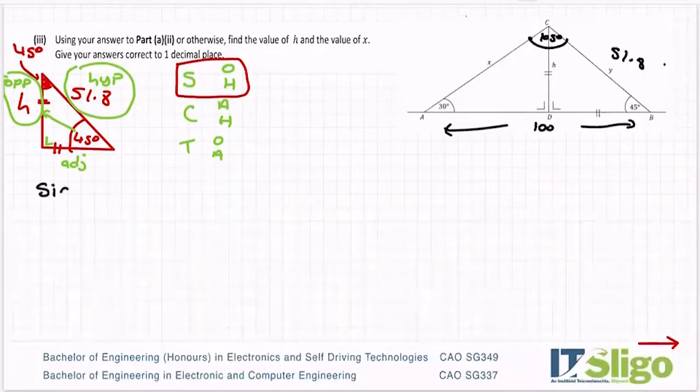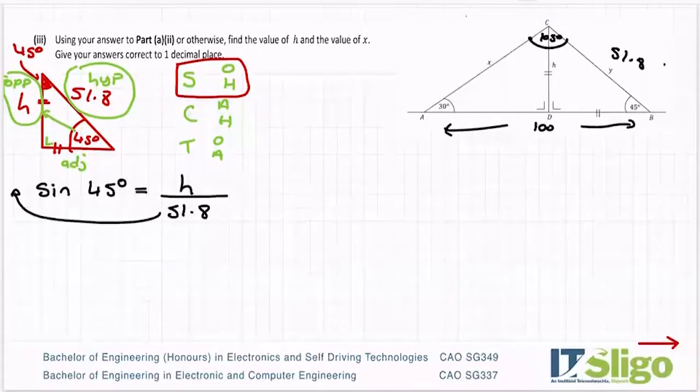Okay, so how do I use that? Well, I say sine of the angle equals opposite, which is your h, over your hypotenuse, which is 51.8. Okay, bring it up here so that 51.8 sine 45 degrees equals that h.